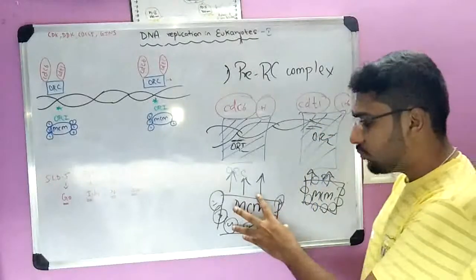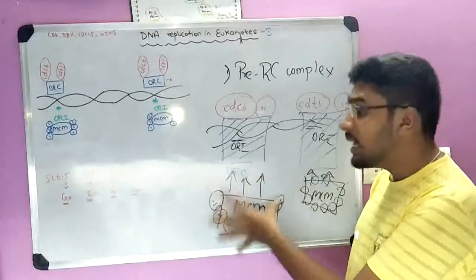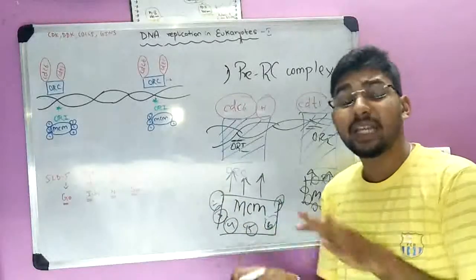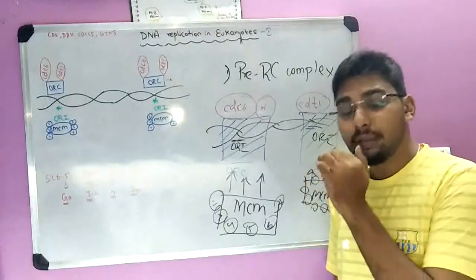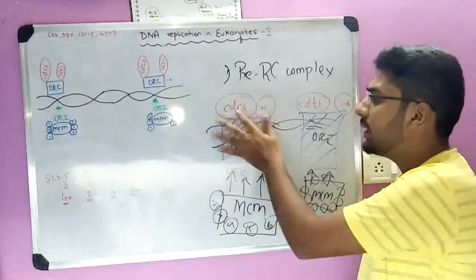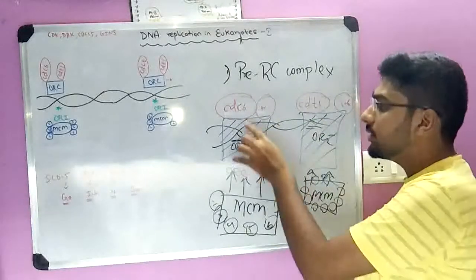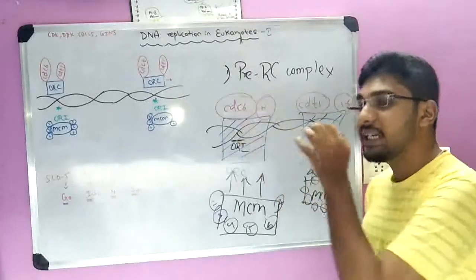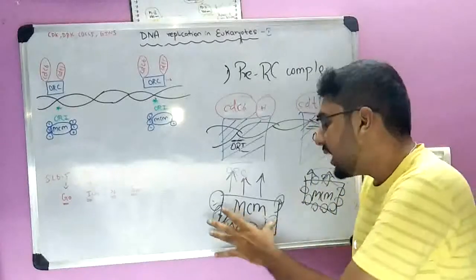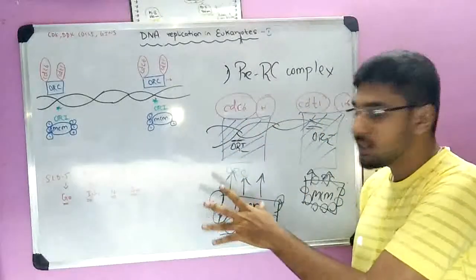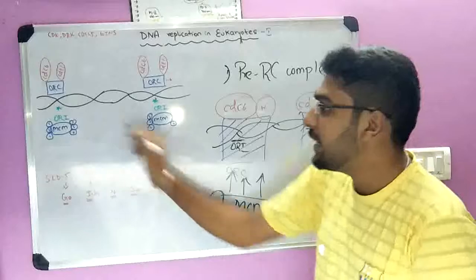When this mini chromosome maintenance protein comes and binds here, it causes instability. To remove that instability, these two proteins are very much necessary. Also, wherever these proteins are, they act like a marker molecule. Only there does this MCM come and bind. MCM can't bind anywhere else.